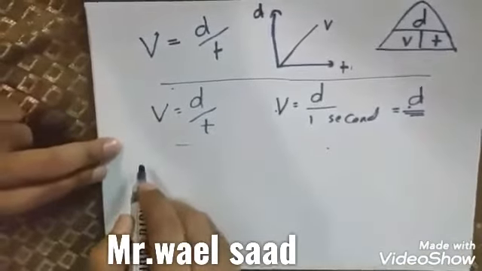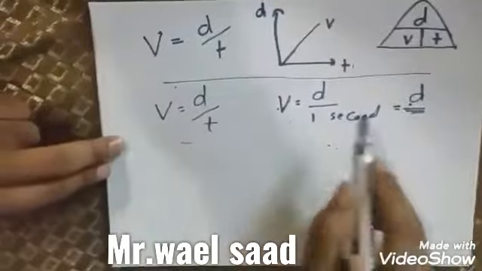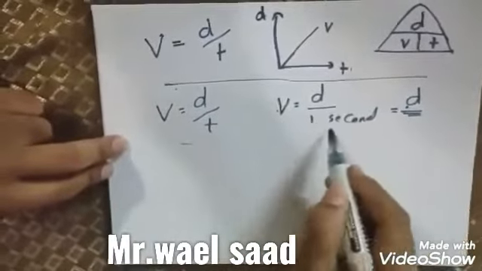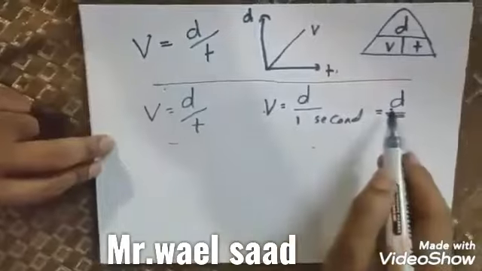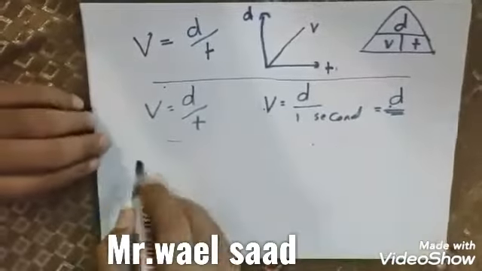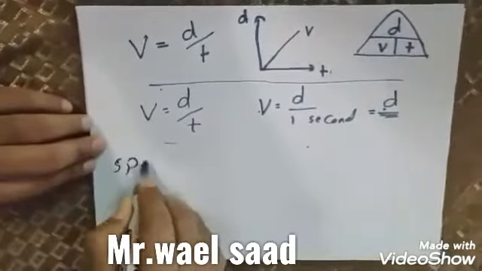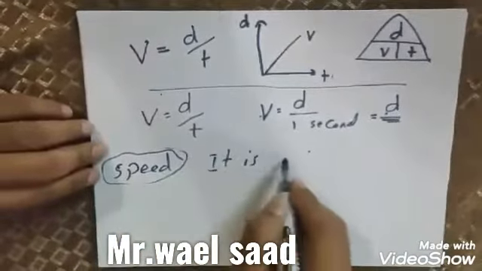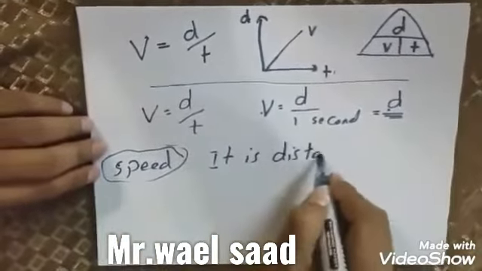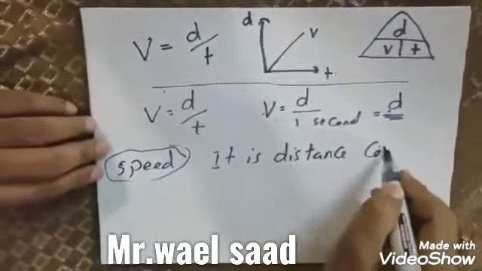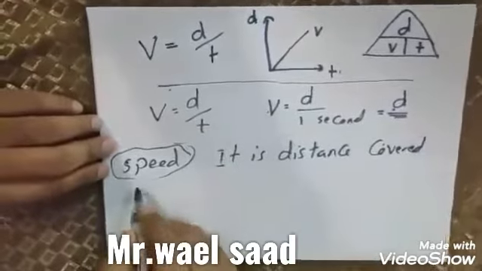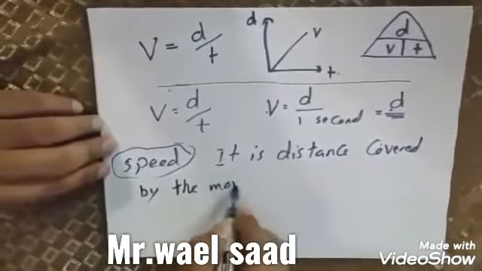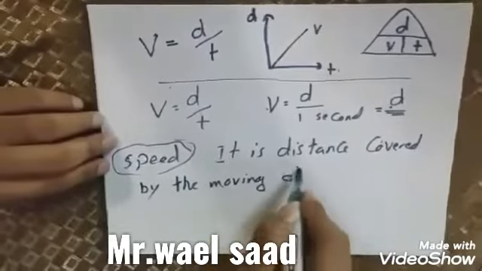So here I can say what's speed? It's the distance in 1 second. Speed is the distance covered by the moving object in 1 second.